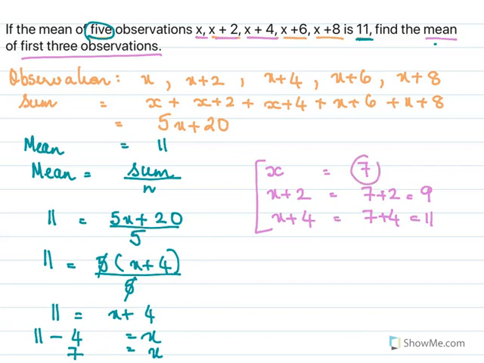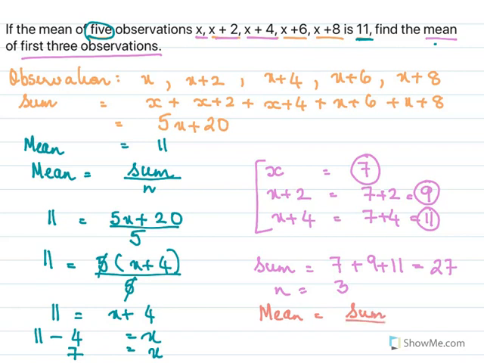So now we've got to find the mean of 7, 9 and 11. So first we find the sum of 7 plus 9 plus 11, which is equal to 27. Number of observations is 3. So our mean equal to sum over number of observations. So it is 27 over 3. The mean of the first 3 will be 9.